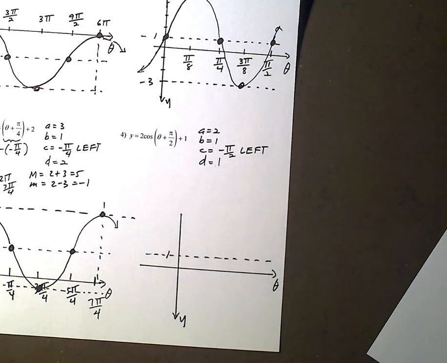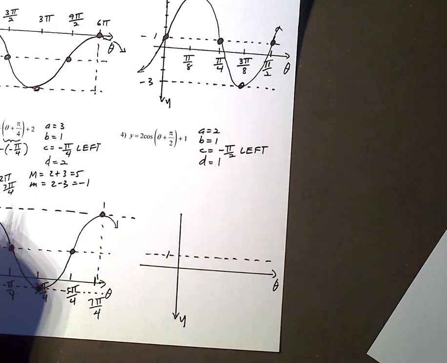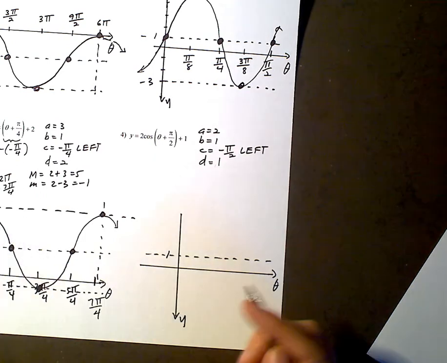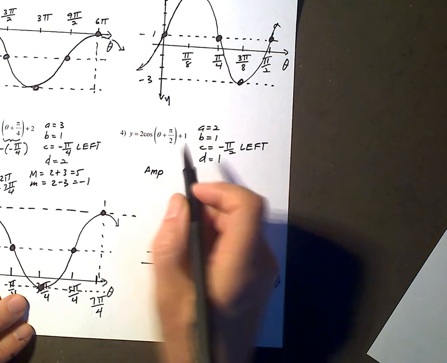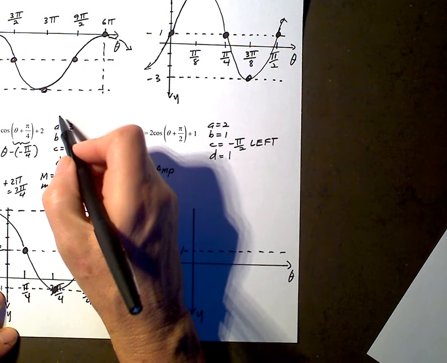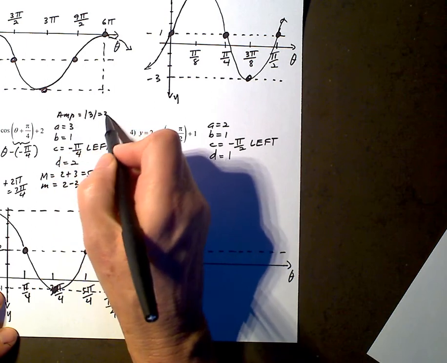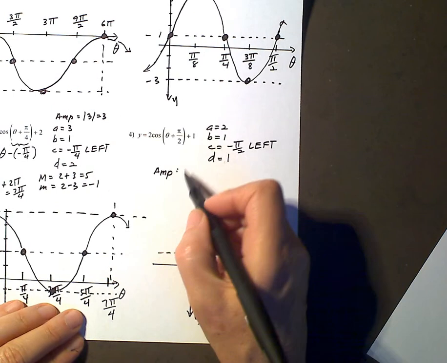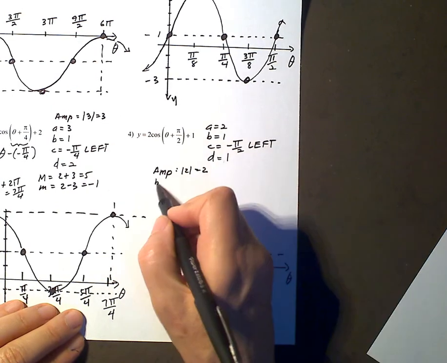Let's see, where's my last page here? Oh, okay, so my amplitude, no, I forgot to do on number 3, amplitude. Amplitude on this is the absolute value of 3, which is 3. Sorry. So my amplitude on this is 2, and my baseline or midline is at positive 1.